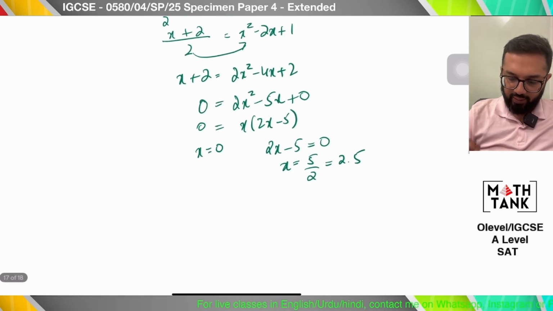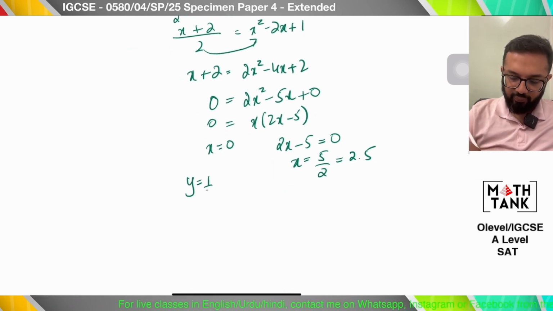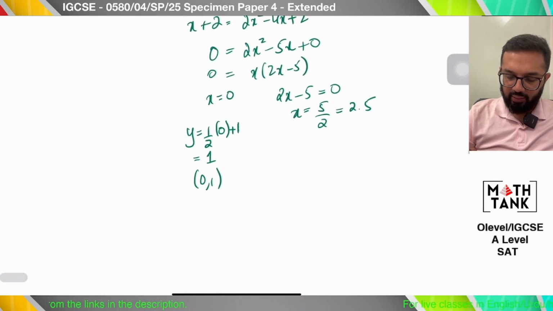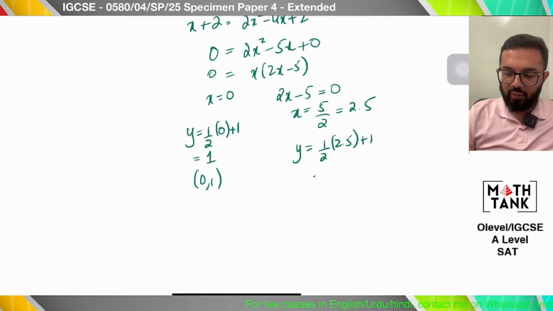Okay, we'll find out the y coordinates. Put in any of the equations and you'd get the y coordinate. That turns out as 0, 1. I could see that on the graph. Yeah. And then it's 2.25. So 2.5 comma 2.25.